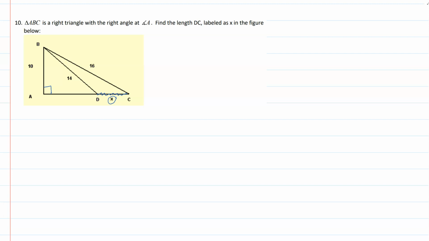Now, the most common mistake I will see is that people will say, well, look at that triangle. It has 14, 16, so 14 squared plus 16 squared equals x squared. Wait a minute, what is going on here? If you were doing that, you would be using the Pythagorean theorem, right?